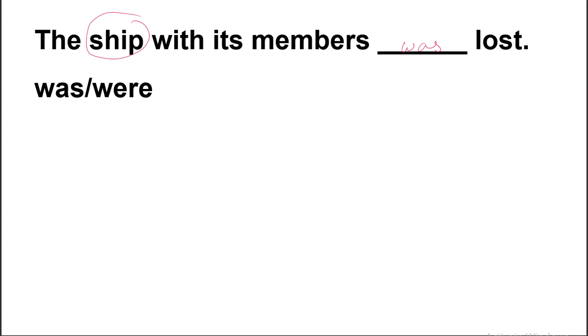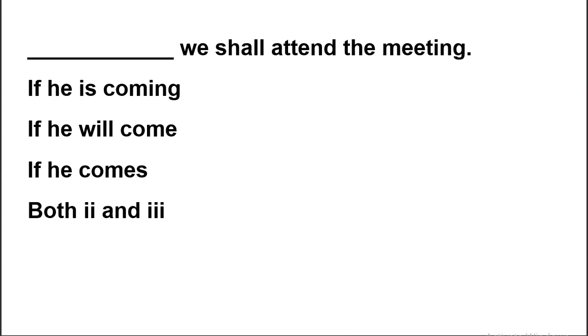This is the rule. Next we have: dash we shall attend the meeting. This sentence is based on condition. How will you differentiate? If plus V1 equals V1 whenever you are having habitual action or certain facts told to you.